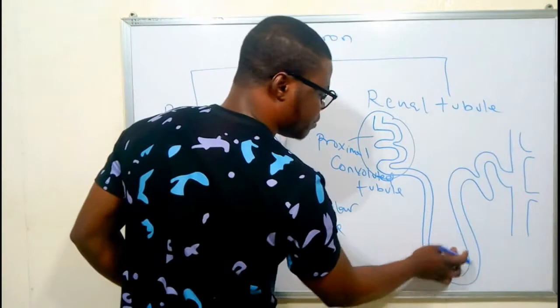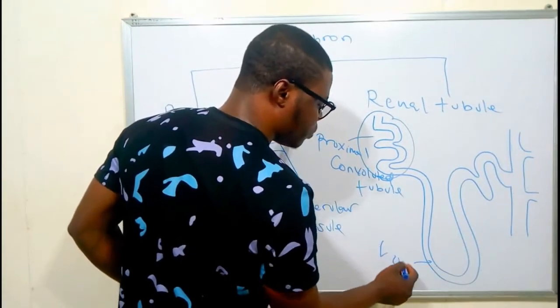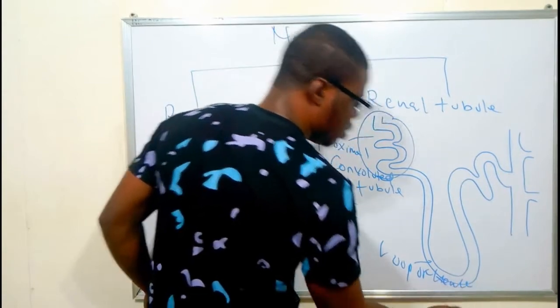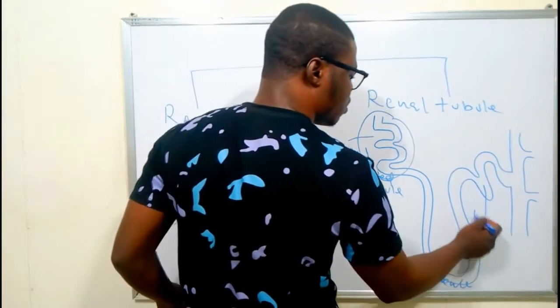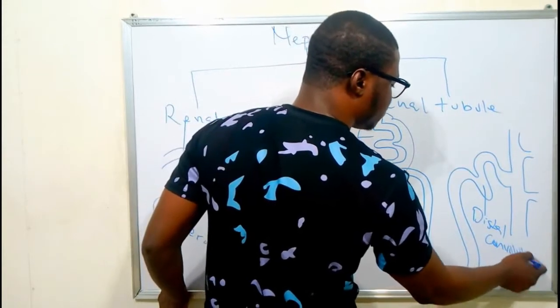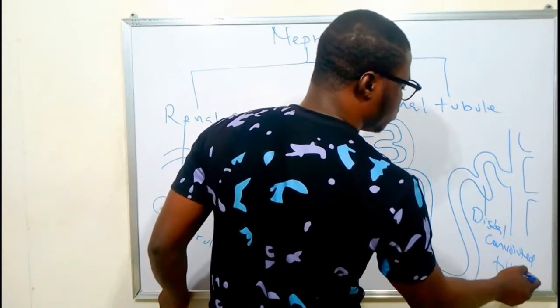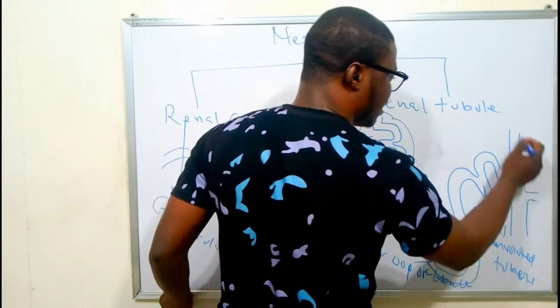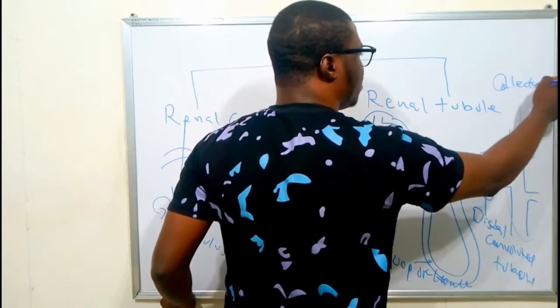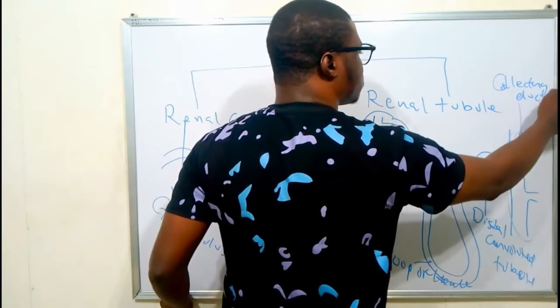This U-shaped structure is called the loop of Henle. And this structure here is called the distal convoluted tubule. And this last part here is called the collecting duct.